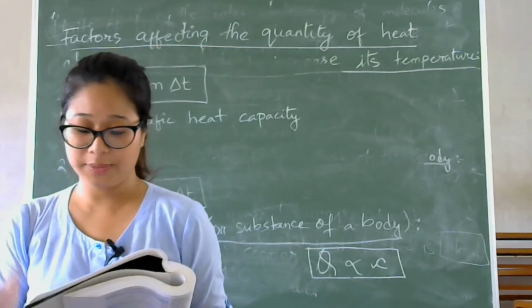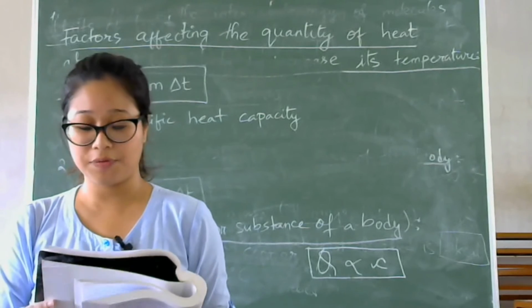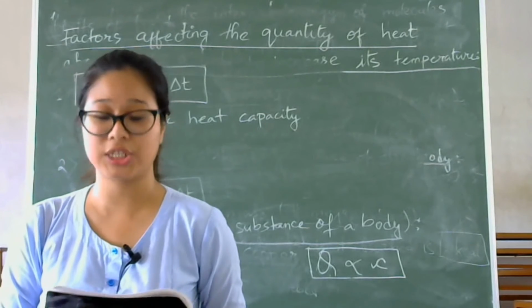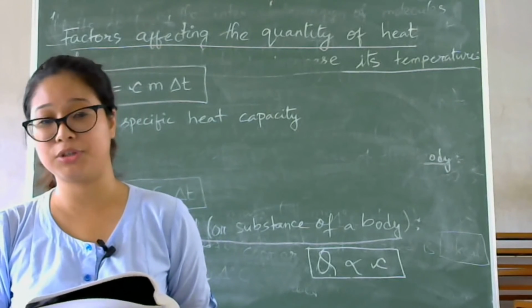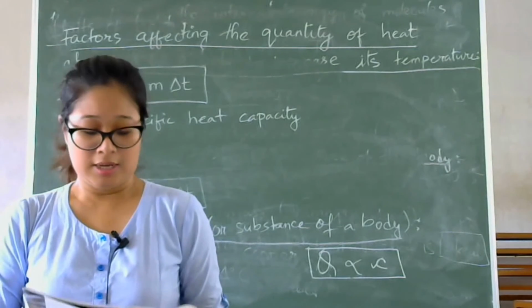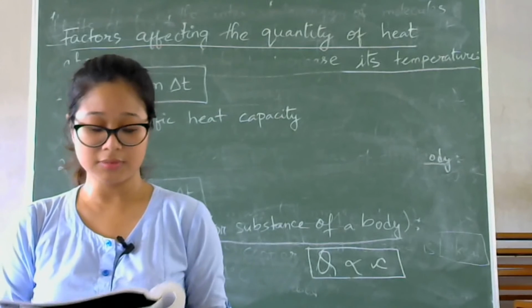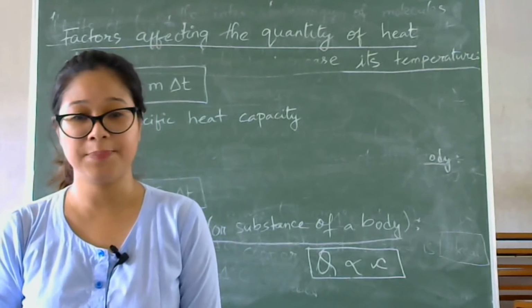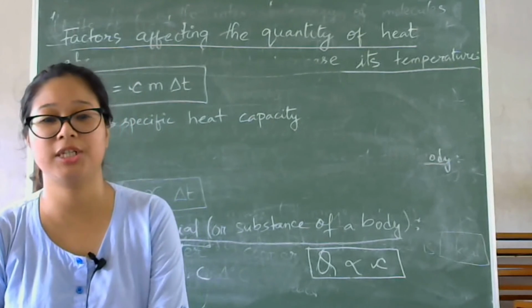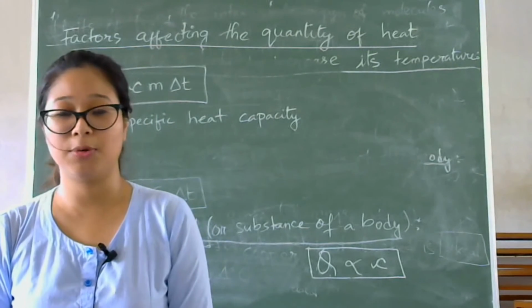And the temperature of a body depends on the average kinetic energy of its molecules due to their random motion. And number four, heat is measured by the principle of calorimetry, and temperature is measured by an instrument, the thermometer.